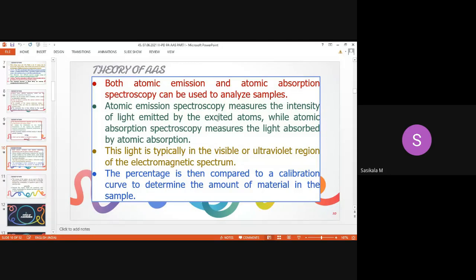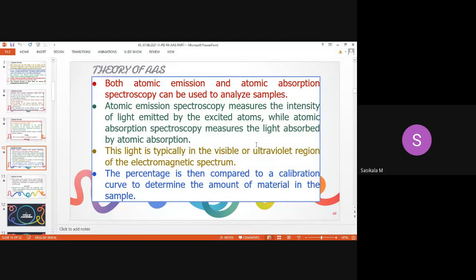What we have seen till now is that atoms move from the ground state to the excited state. The excited state is always unstable. It has to come back to the paired state, the ground state or normal state. For that, whatever radiation energy it has absorbed will be emitted. That emitted radiation is characteristic of that particular atom, and that will be studied in atomic emission spectroscopy.